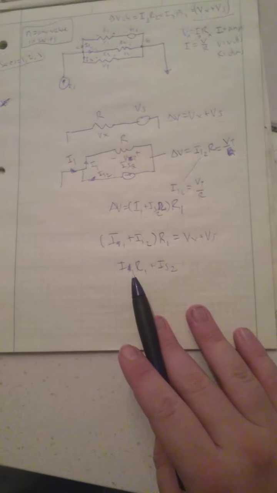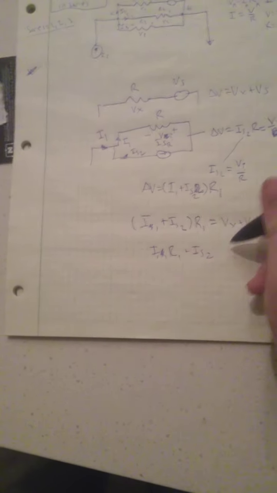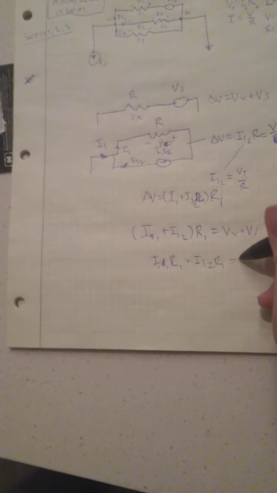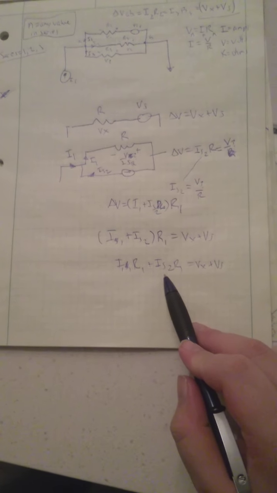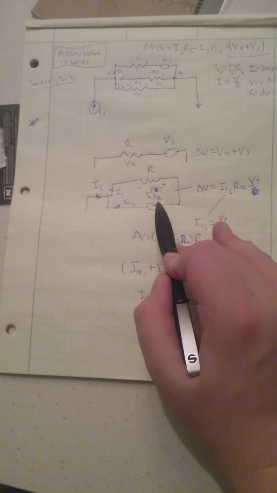So you have I1R1 plus IS2R1 is equal to Vx plus Vs. So IS2R1 is the same as Vs according to our source transformation formula.